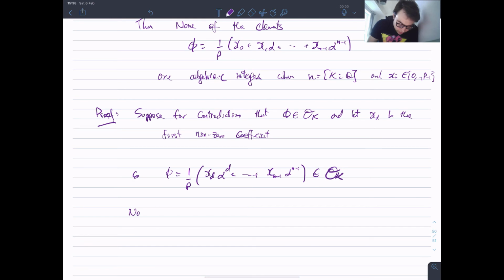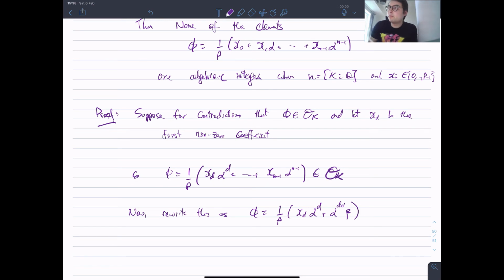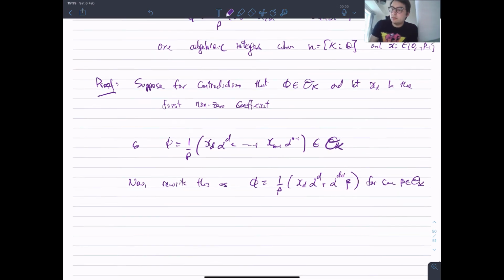Now rewrite this as the following: 1 over p times x_d alpha to the d plus alpha to the d plus 1 times some beta in OK. I'm just going to group up all the other elements and write it like this.